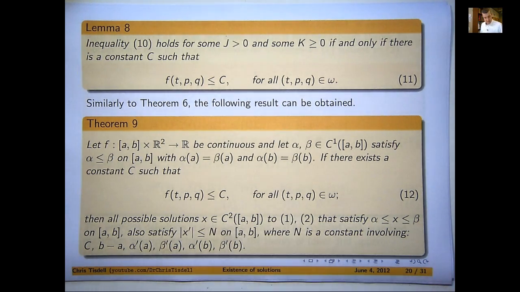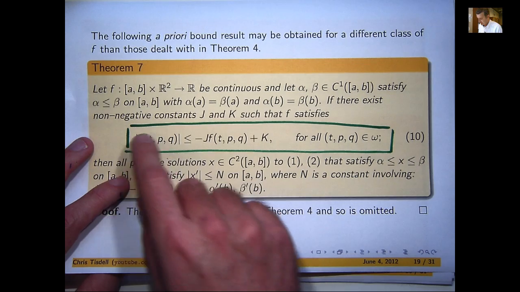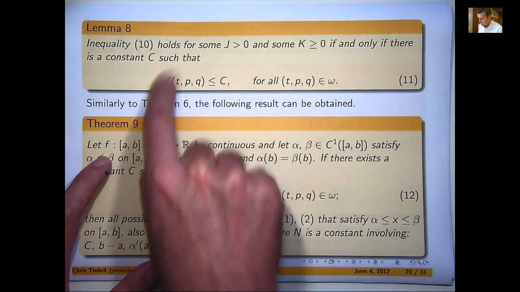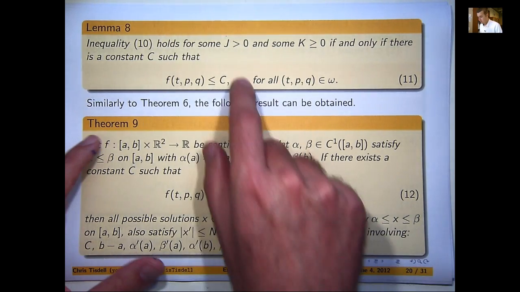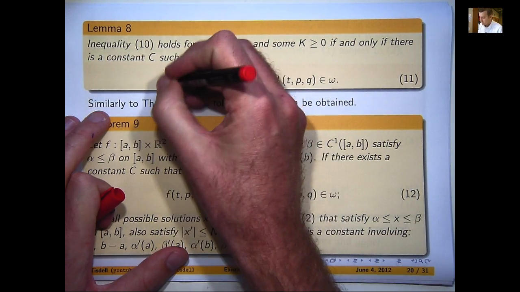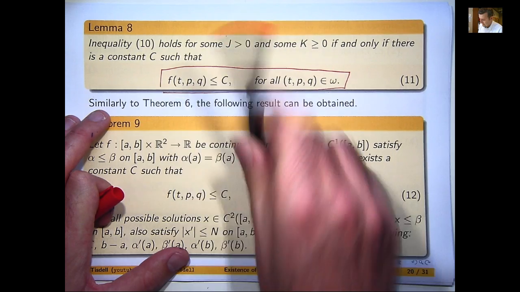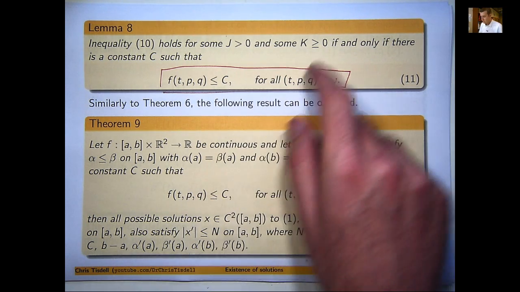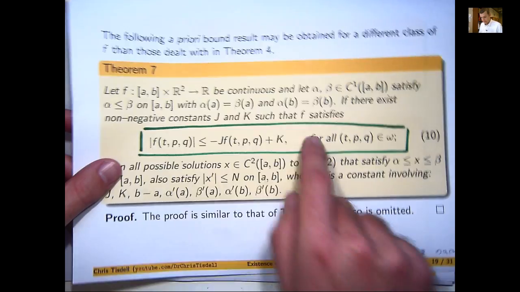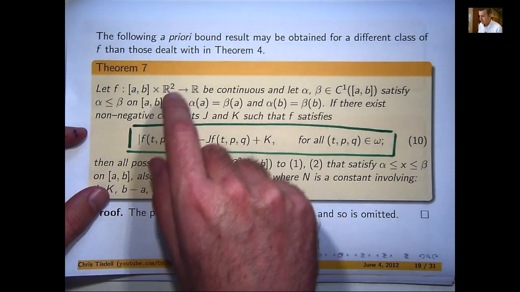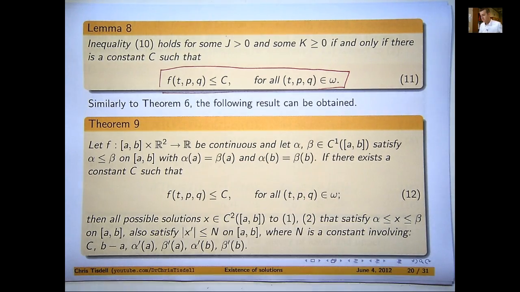And again, similar to the previous few slides, instead of using this inequality, well, this inequality is equivalent to this inequality. Okay, so this assumption basically assumes that f is bounded above by some constant c on this set omega. Okay, so well, if this and this are equivalent, we can equivalently reformulate theorem 7 in the following way.